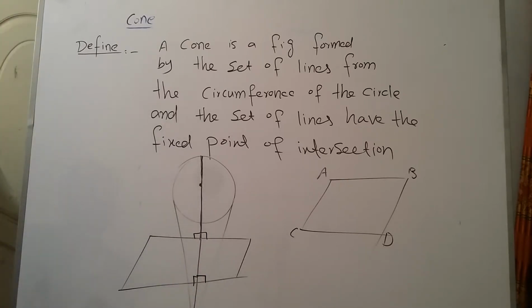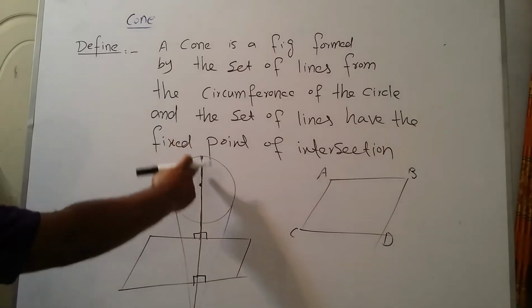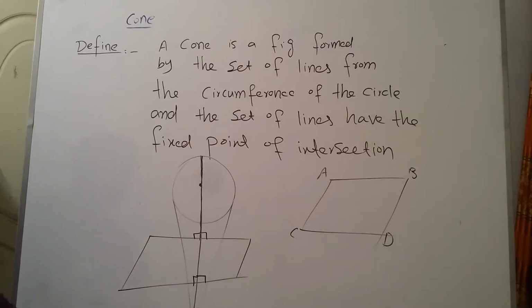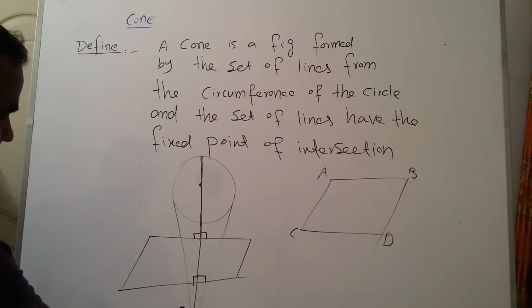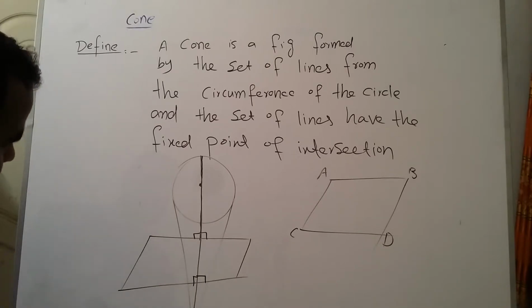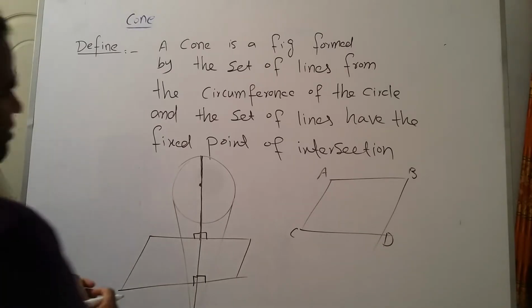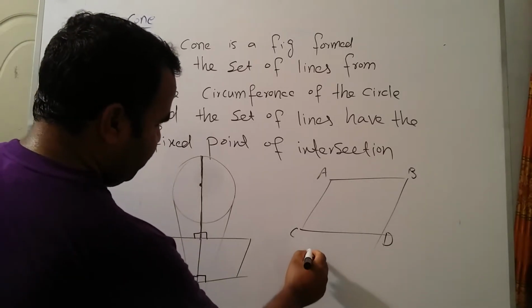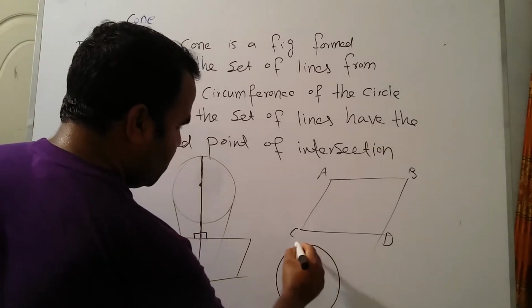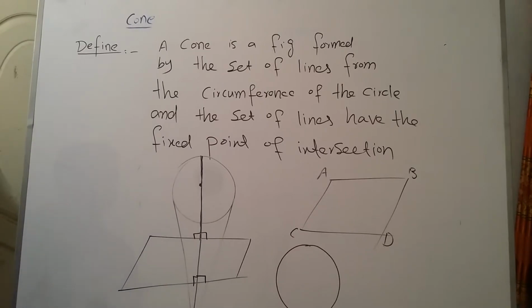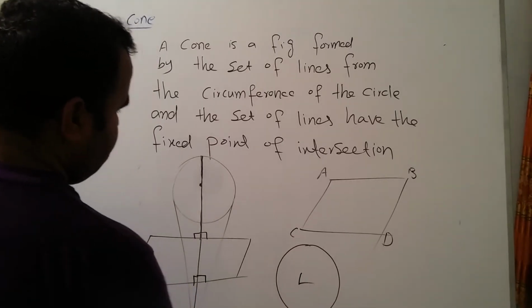If we cut this cone by this plane perpendicular to the axis other than at the vertex, then what kind of figure will be formed? The figure formed is called a circle. What do we get? We get this circle.